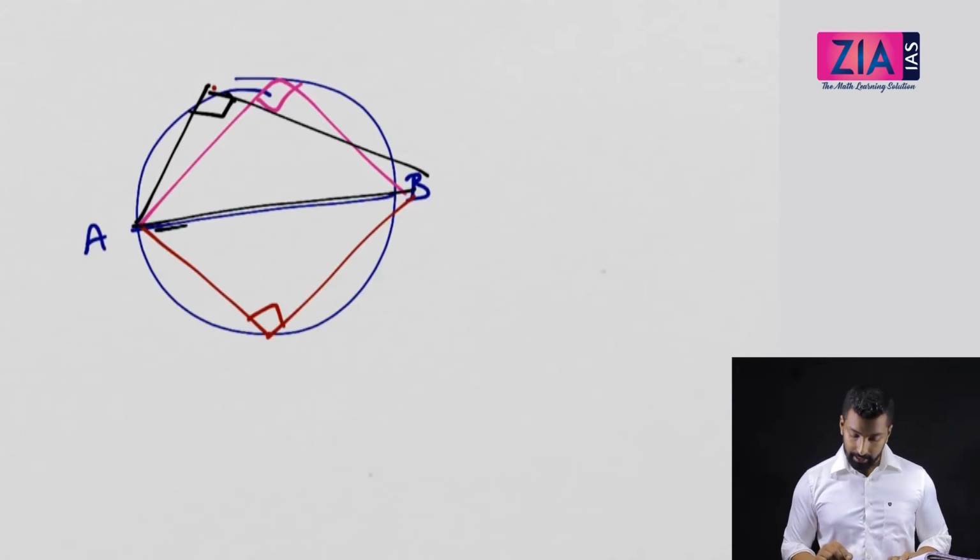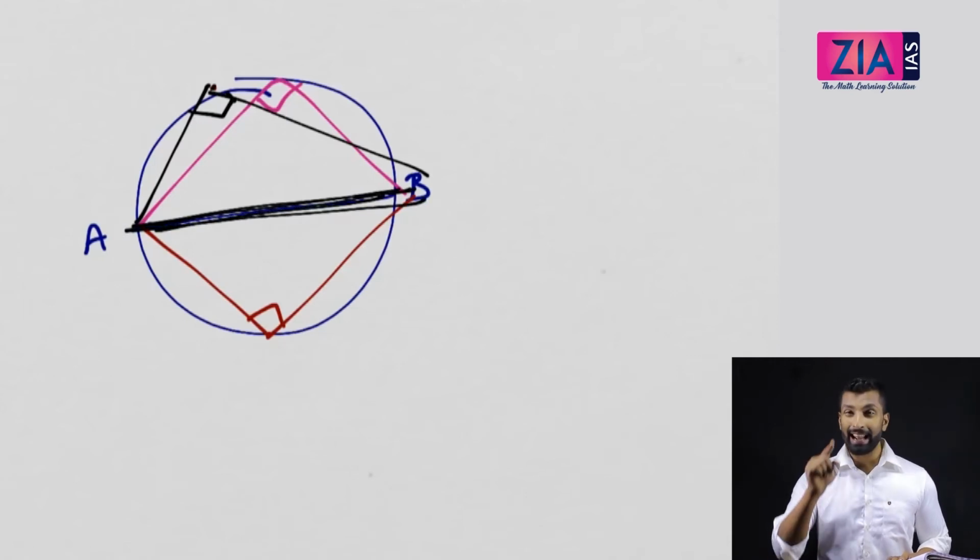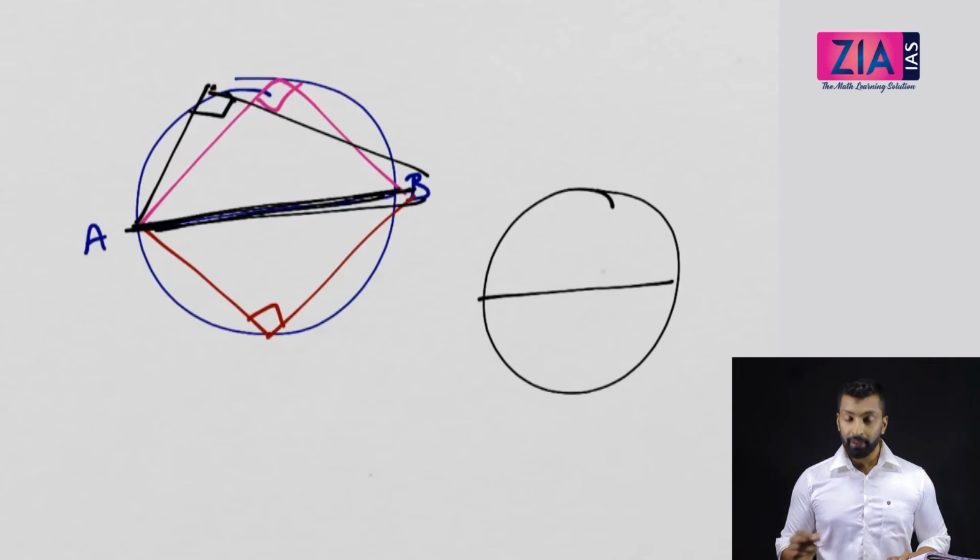So the idea is that this has to be the diameter. Keeping the diameter on one side, if you join any point on the circle, you will get a right angle triangle.